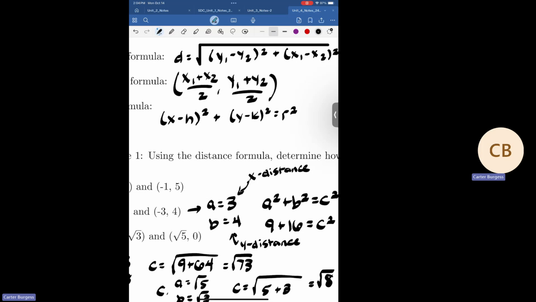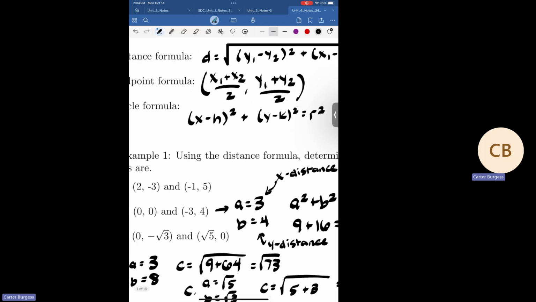x minus h squared, that's all nice and compact. How could I make it less nice and less compact? Yeah, we can do the Punnett square and do x minus h times x minus h. That's an idea. x squared minus 2hx plus h squared.